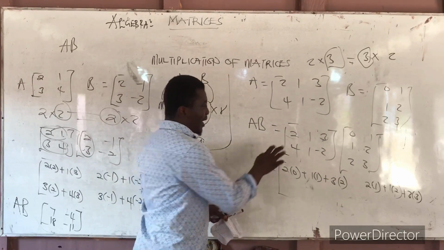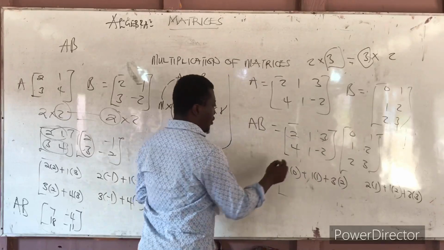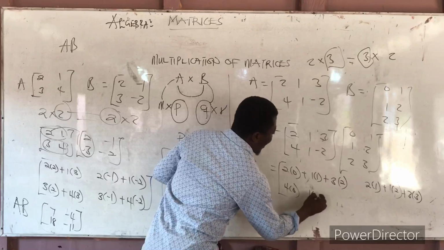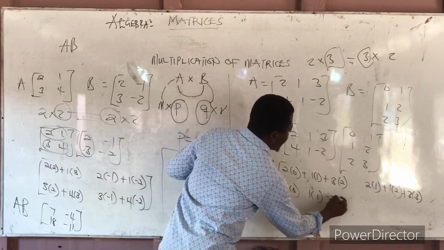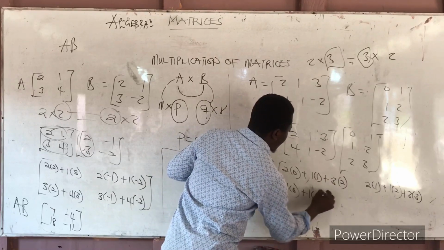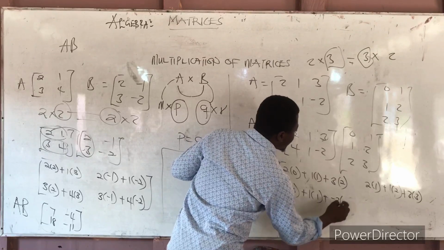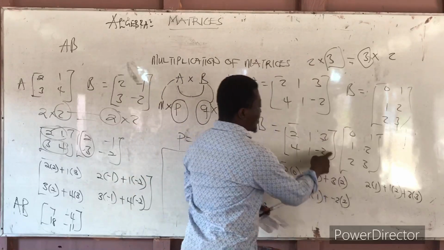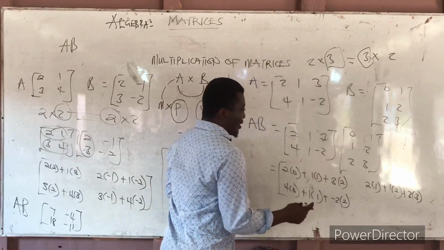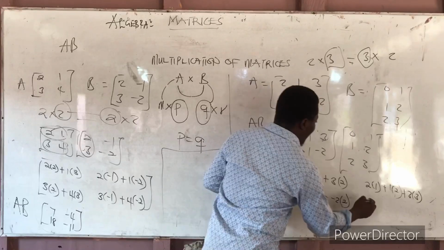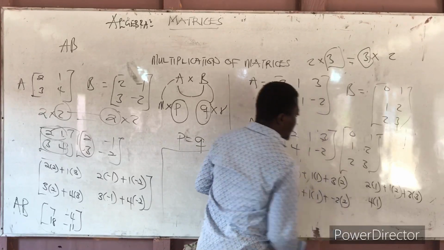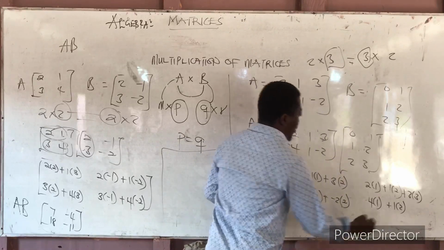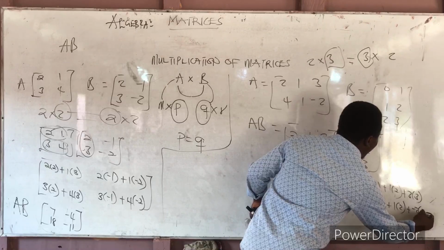You are done with the first row. Let's come to the second row: 4 times 0, plus 1 times 1, plus negative 2 times 2. You are done with the second row and the first column. Then the last one, second row and the second column, which is 4 times 1 plus 1 times 2 plus negative 2 times 3.